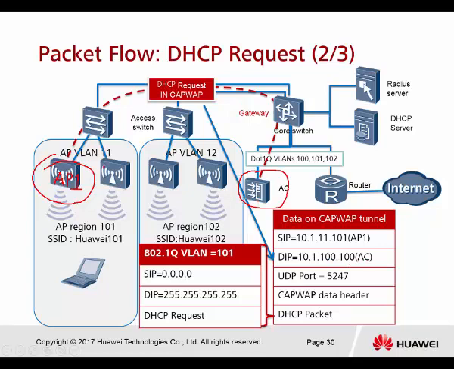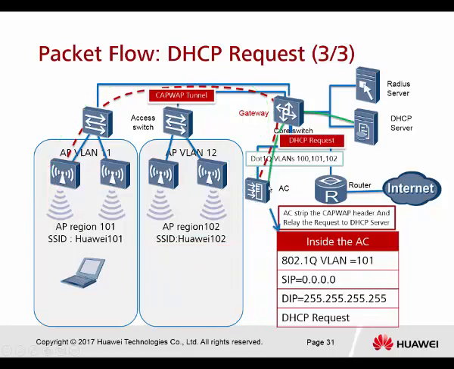So the connection is between the AP and the controller. The user data is sent from the user through the tunnel all the way back to the controller. Of course, the port here is 5247. I did mention earlier, 5247 is for user data, and 5246 is for the AP control packets.